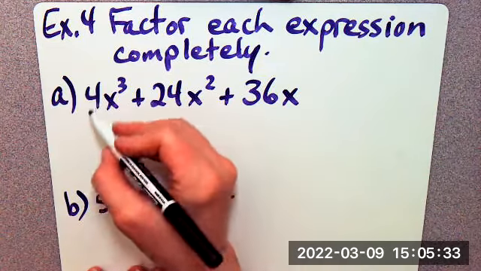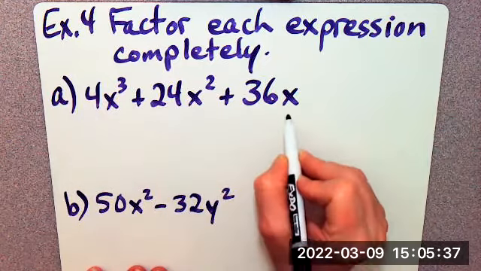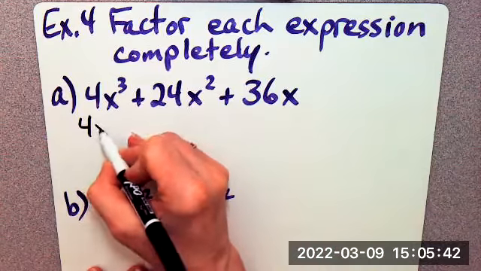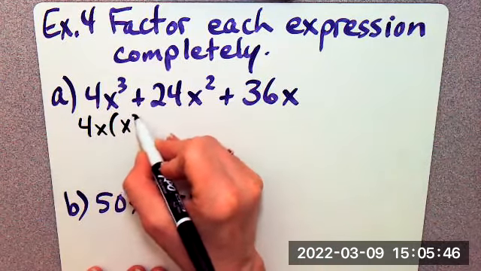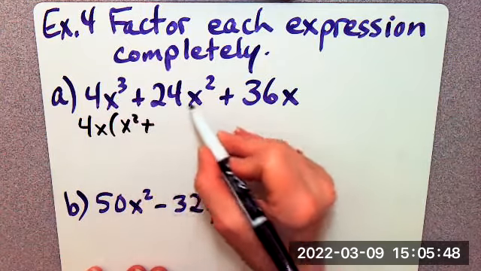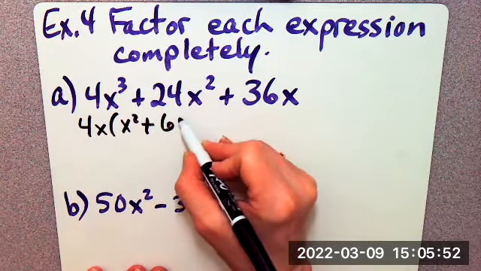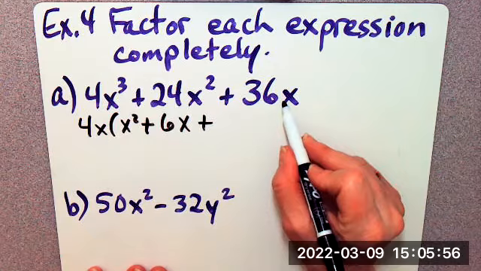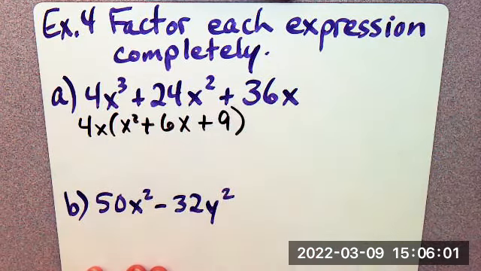So it looks like if we take a 4x out of each one of these, we end up with x squared plus, and 24 divided by 4 is 6, and x squared divided by x is x, plus, and then 36 divided by 4 is 9, and x divided by x is x.